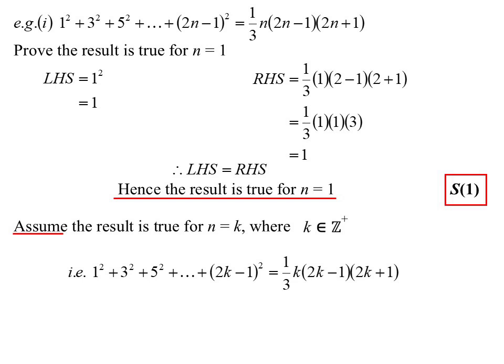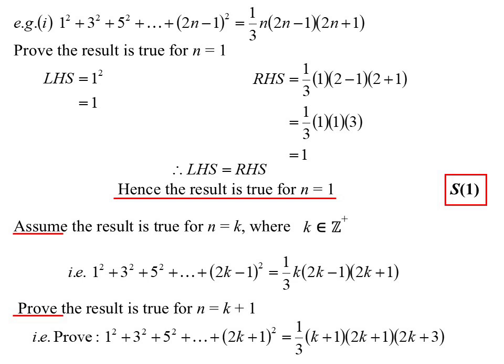That's what I'm assuming. But I now want to prove it true for the next case. Again, write down what it is you're about to attempt to prove. So now, again, it's that statement, but I substitute in k plus 1 for n, and I'll get this statement. That is what I'm now trying to prove.